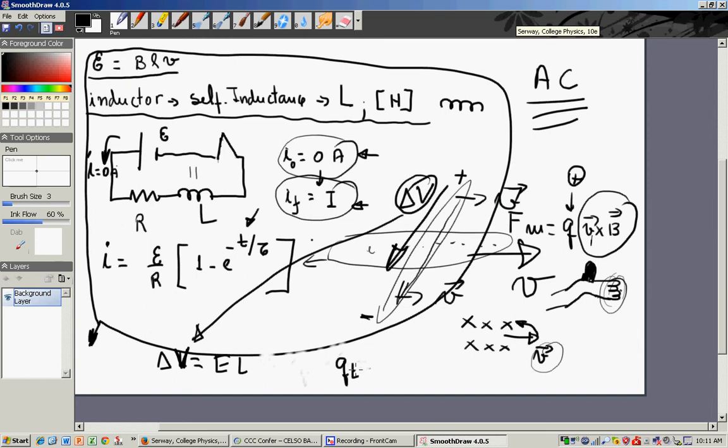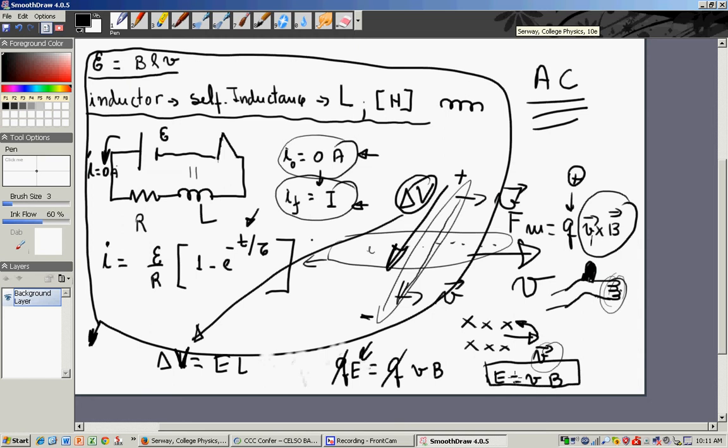But if there is an electric field, and the charges get to some stationary situation where they don't move anymore, the electric force QE, remember the field, is equal to QVB, right?